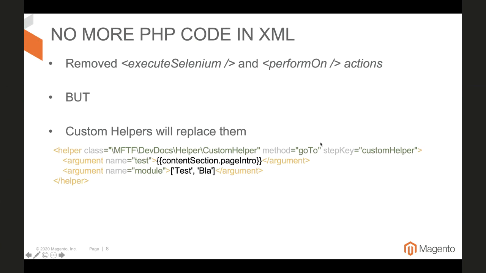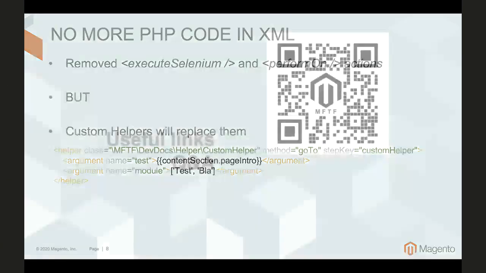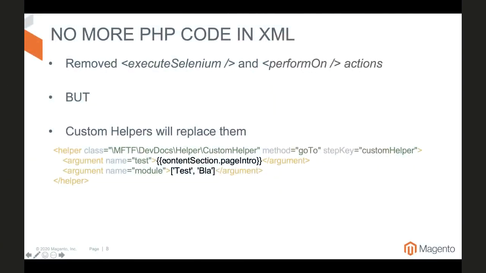Step key as usual. That's how you can pass in arguments to your method. In my demo, I will show you how it will be generated, how it will be executed, and so on.